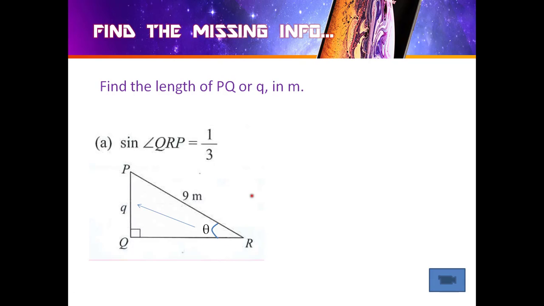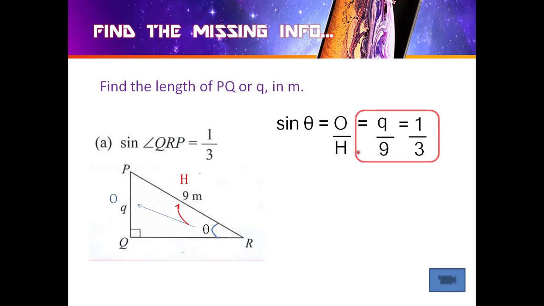Now sine means opposite over hypotenuse. So opposite is Q, and the hypotenuse is the side opposite the 90 degrees, which is 9. We can substitute: sine theta equals opposite over hypotenuse equals Q over 9.